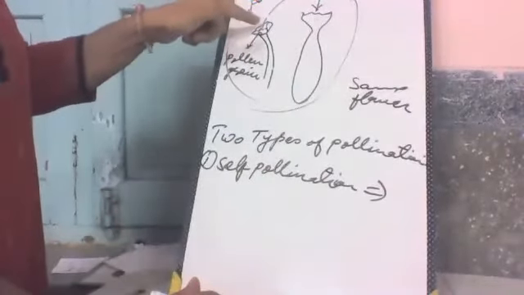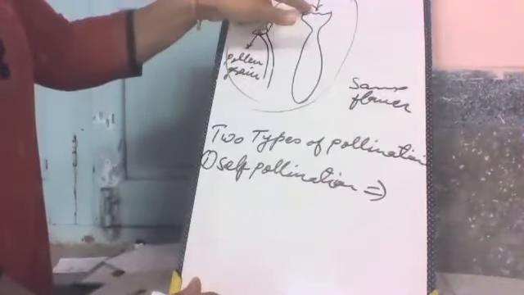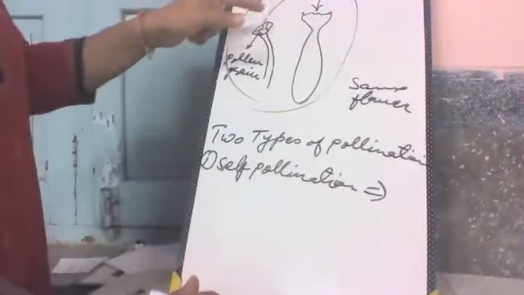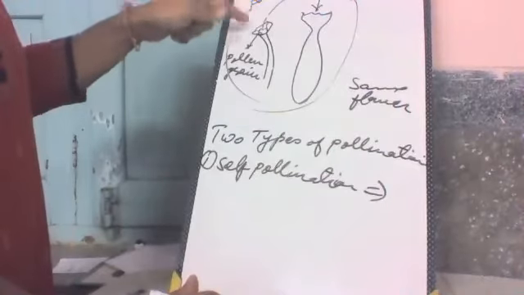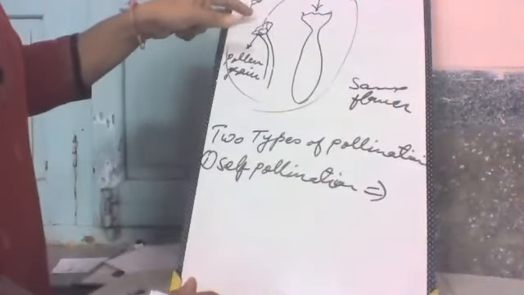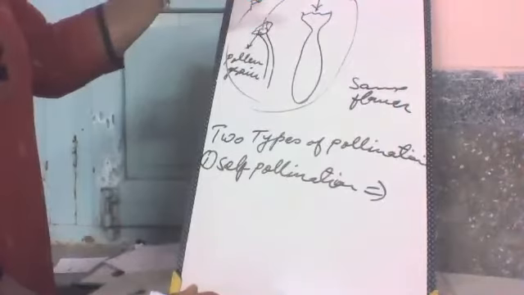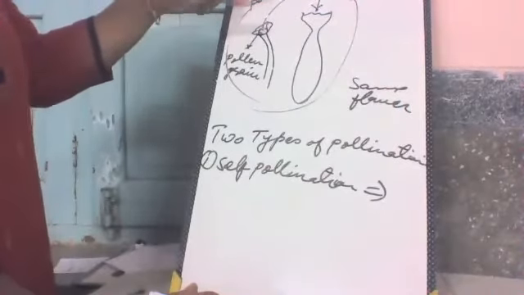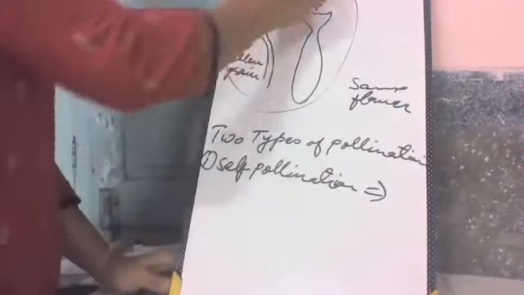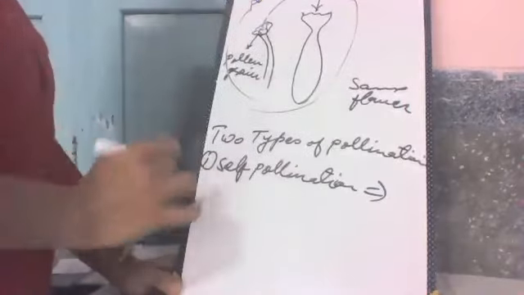From this stamen to the stigma of this flower, the transfer of pollen grains within the same flower, from the anther to the stigma, is known as self-pollination.